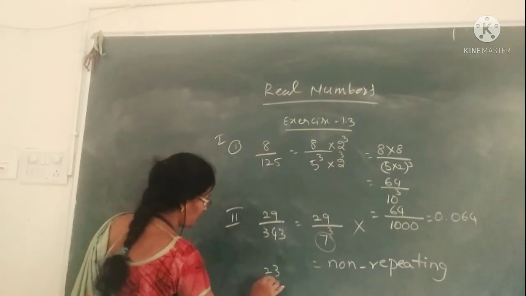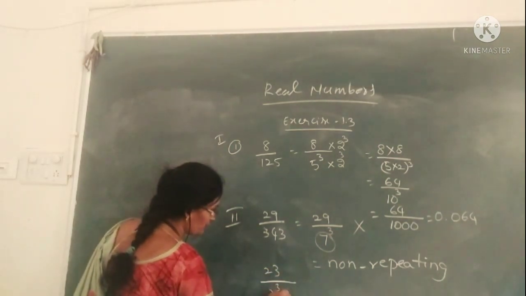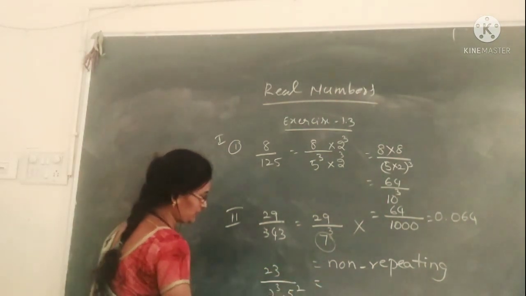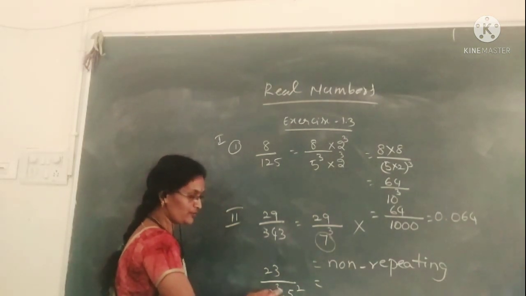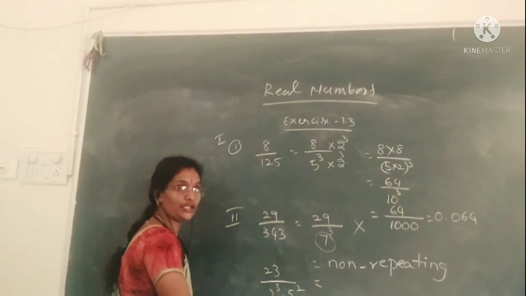So 23 by 2 to the power of 3 into 5 square. So we can see the denominator has only powers of 2 and powers of 5. This is a terminating decimal.